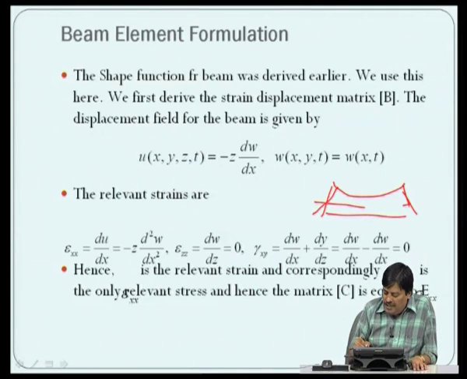We draw this, and z times theta is nothing but the axial displacement. Using the strain displacement relation, we find that this is a second order strain, and we have the normal strains in the x direction. If this is x and this is z, the sigma z in this direction is 0, and the shear strain is 0. So, the only relevant material matrix here is again E.